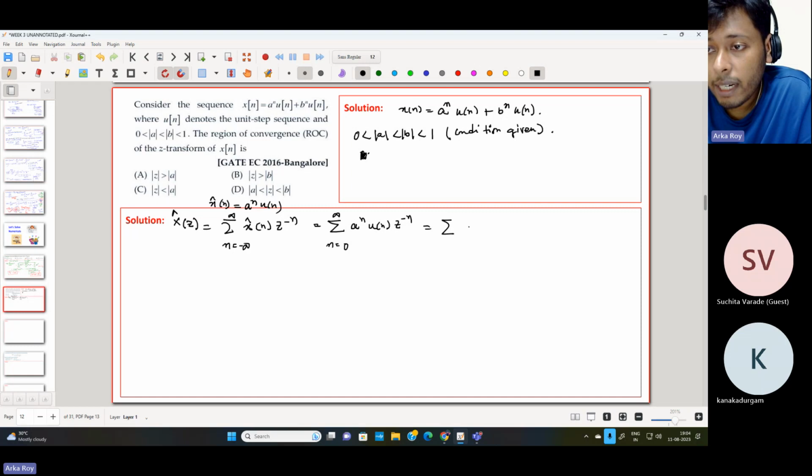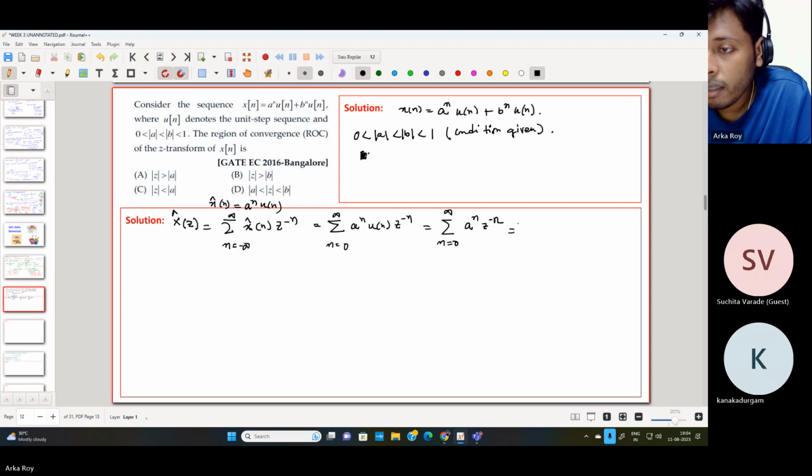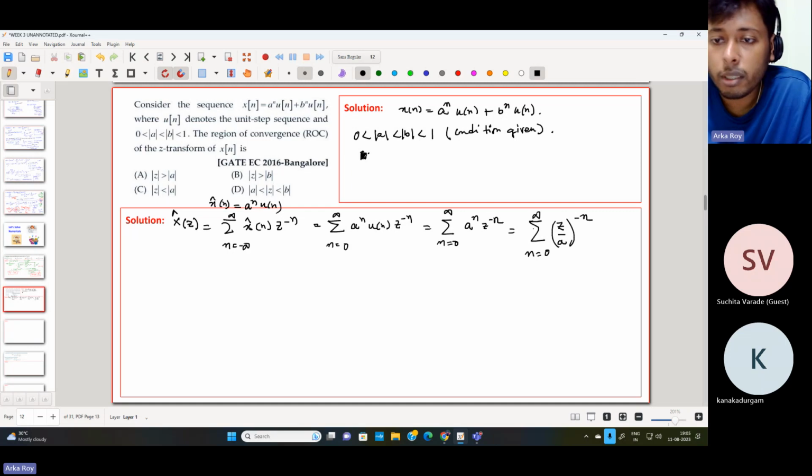So I can write it as a to the power n z to the power minus n, and n equals 0 to infinity. Therefore, I can further reduce this particular sequence as z divided by a to the power minus n, and n is running from 0 to infinity.